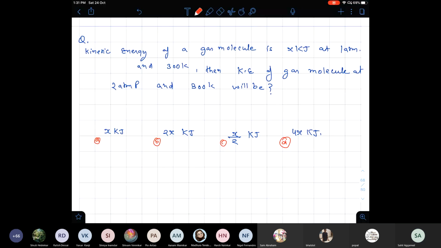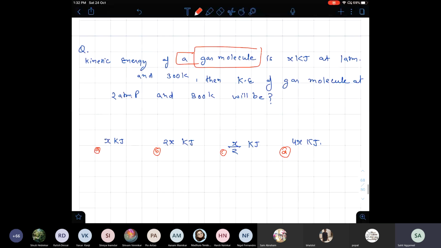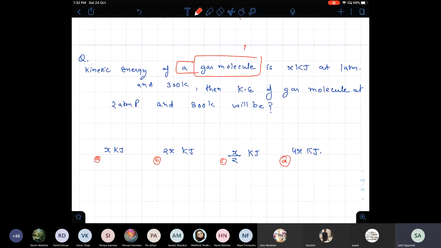X kilojoule. If we are talking about a gas molecule, that means it is average kinetic energy. That depends only on temperature. And temperature is same in both the cases. So value will also remain same.